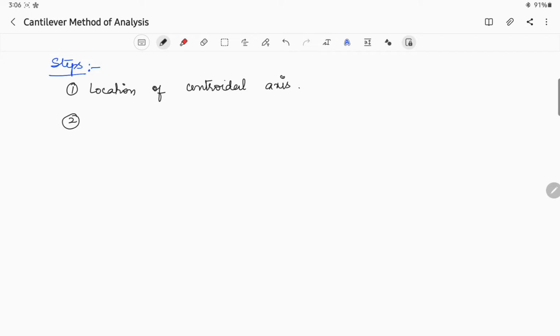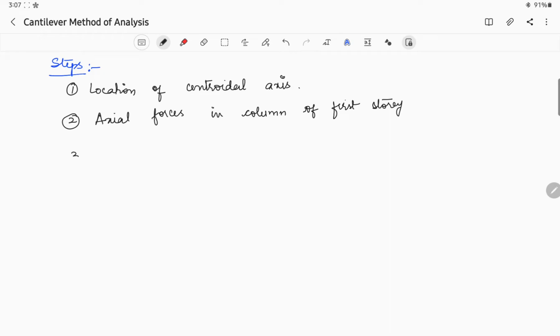Then next is the axial force in the columns of the first story.